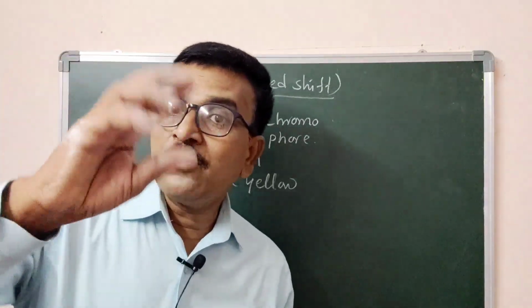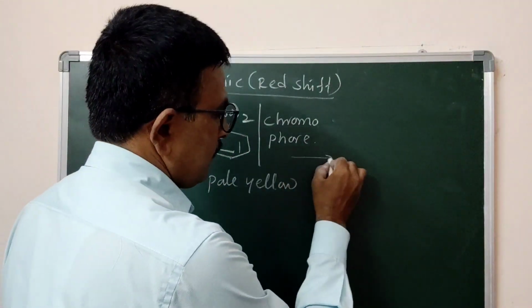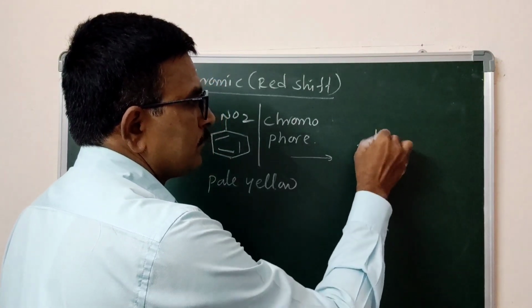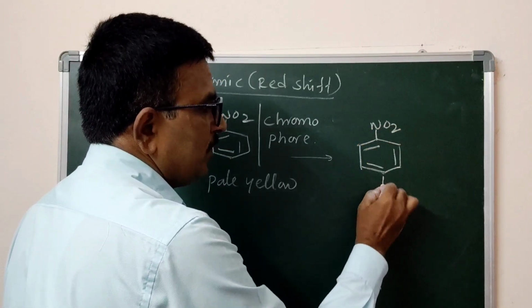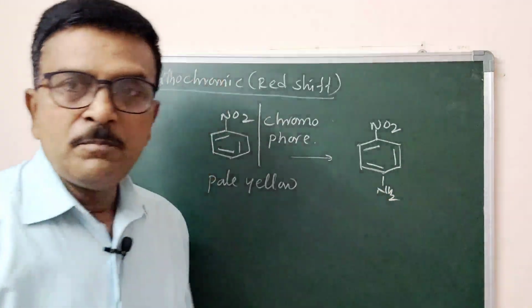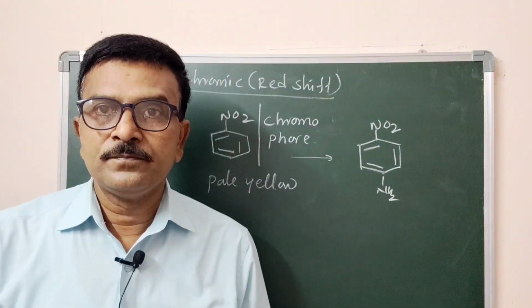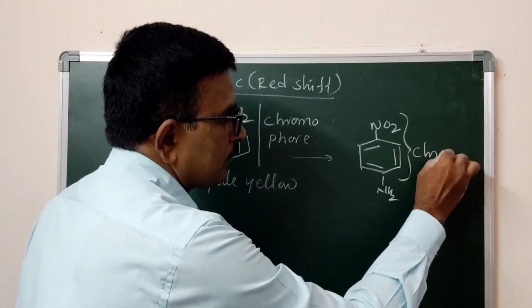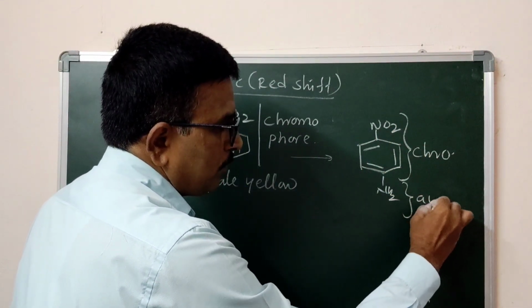When we introduce an auxochrome, say you take paranitroaniline, NO2, this is NH2, paranitroaniline. What happens here? This is the chromophore, this is the auxochrome.